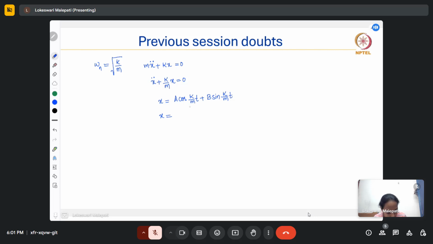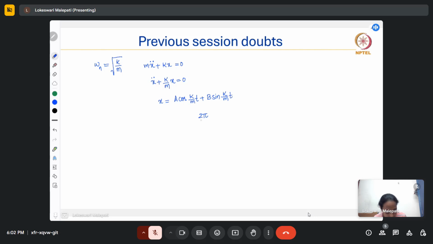Now if you see this equation, we have the cos term as well as the sine term. What is the period for these two things? The period is 2 pi. What is meant by period? If we do theta plus 2 pi, if we substitute that angle in the cosine term or sine term, we are going to get the same value. That is what period means.